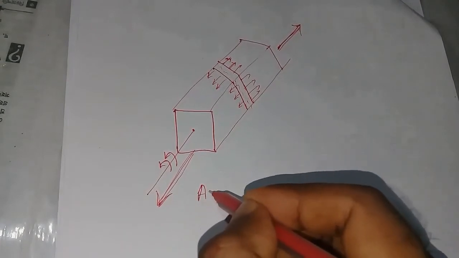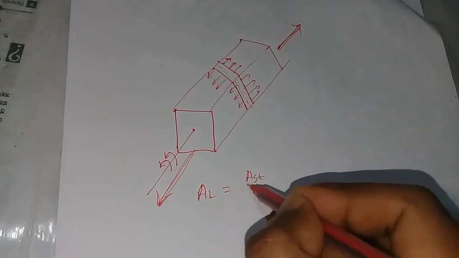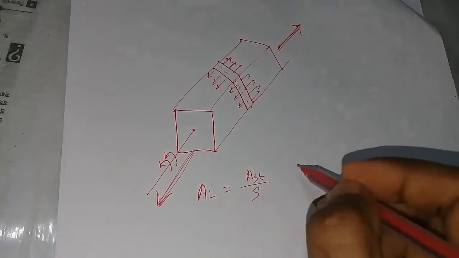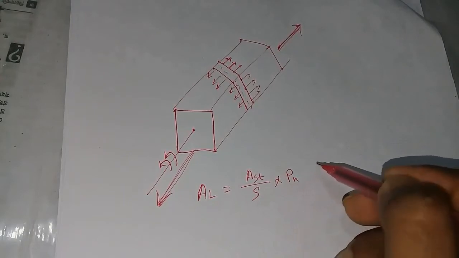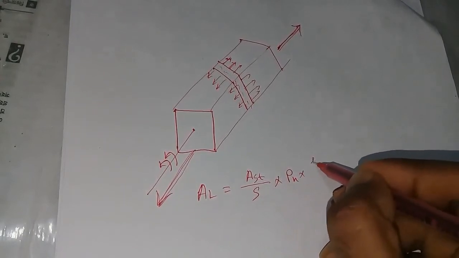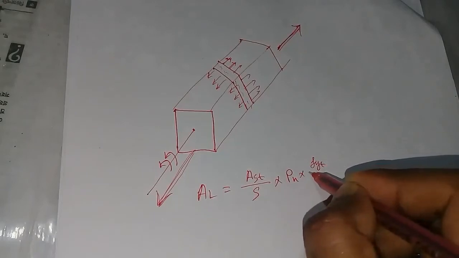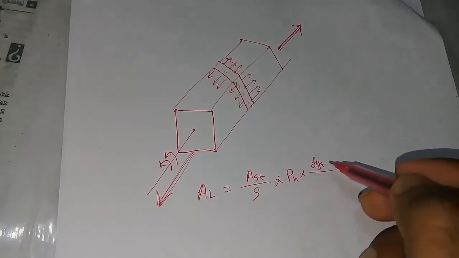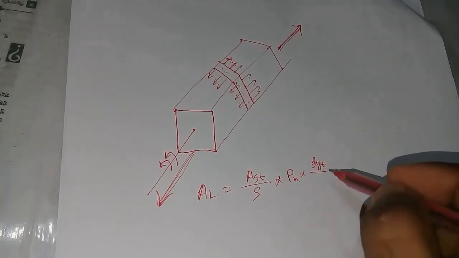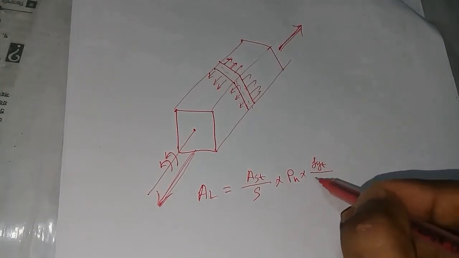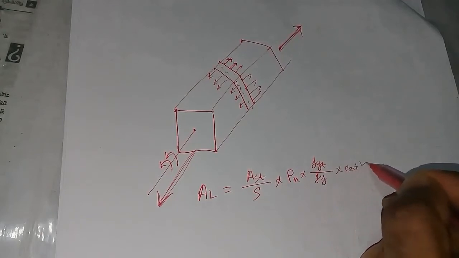So Al is equal to Ast divided by s into p, the perimeter of the section, into Fyt, that means the yield strength of torsional reinforcement, divided by the longitudinal reinforcement yield strength Fy, into cot square theta.